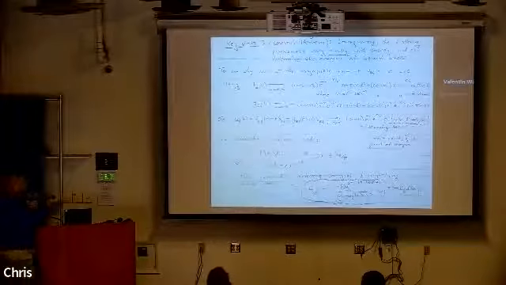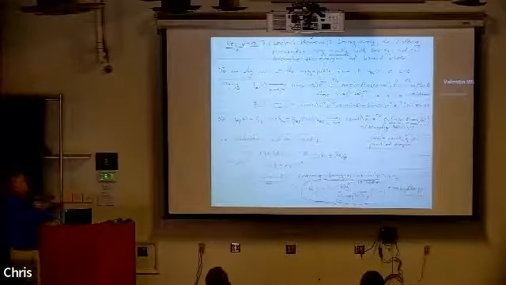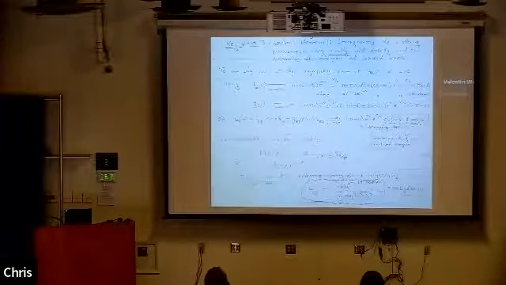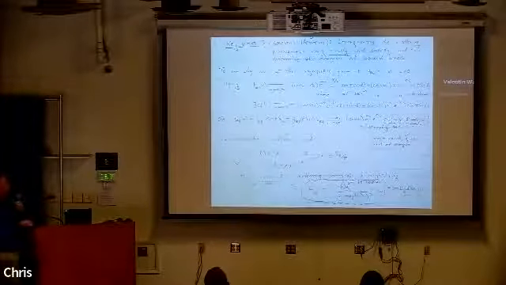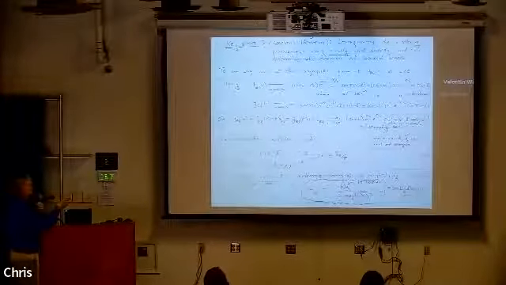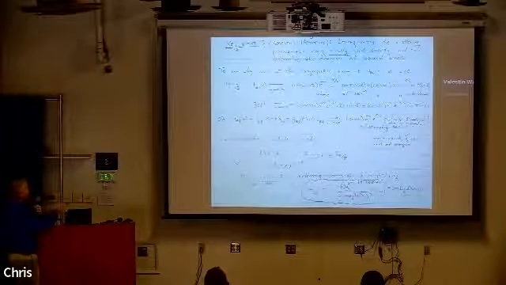And when you're below threshold, the scattering phase shift is what tells you the energies of the bound states. This is also known as Seaton's theorem, which I've written down here. I'll give a sketch of the derivation in a minute.